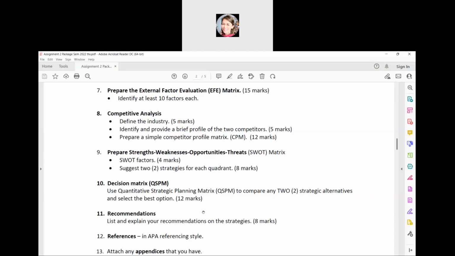This is 12 marks. The 12 marks would have you select the best option, and of course you need to justify why it is the best option, based on your educated judgment. You have analyzed the case, you have read, you have discussed with your group members, you have decided on the critical success factors, you have gone through stage one, two, and finally three.